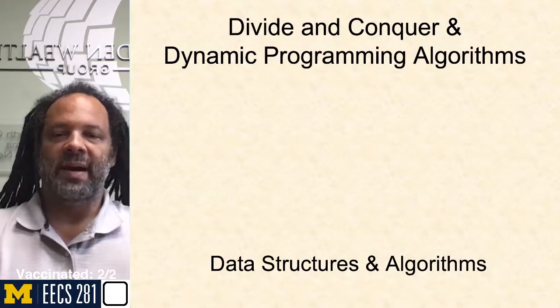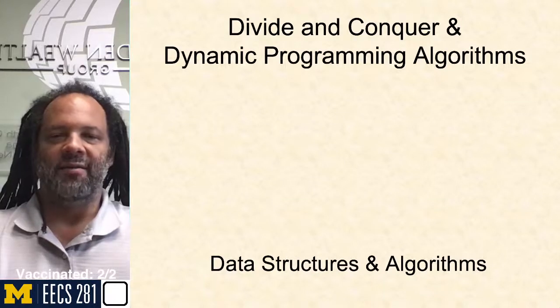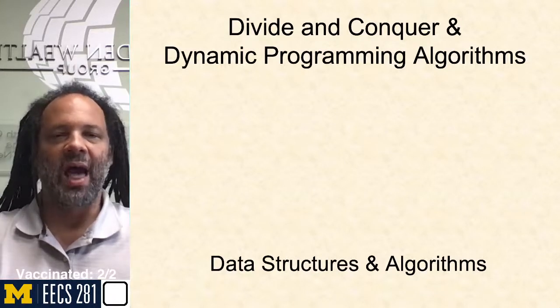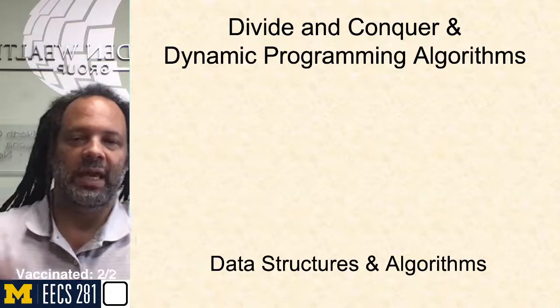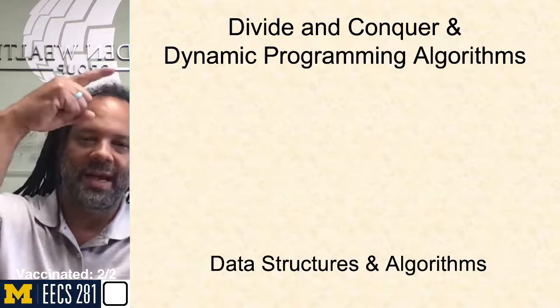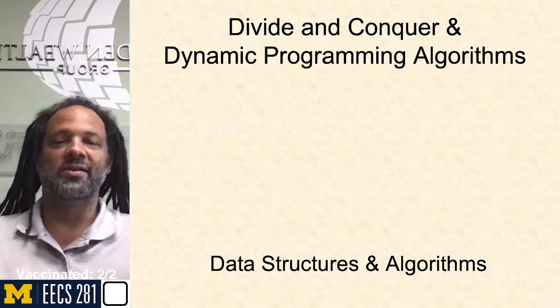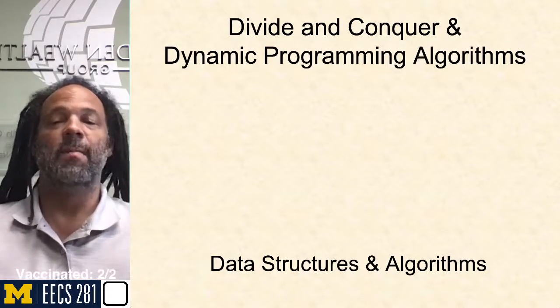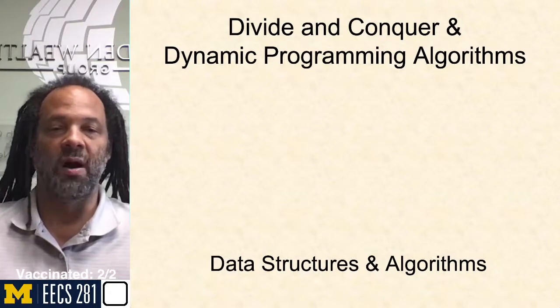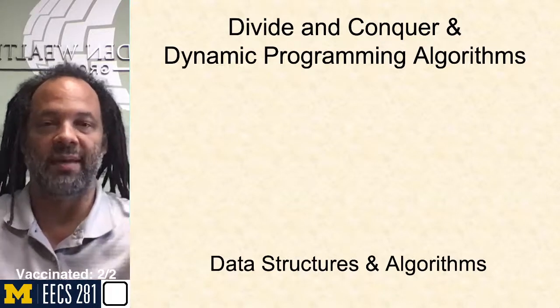Up next is my subdividing set of families, the divide and conquer algorithms and the dynamic programming algorithms. Hint, DP, staff favorite. All right, so the divide and conquer algorithms and dynamic programming algorithms both divide the problem into some smaller problem and then try to solve that problem.